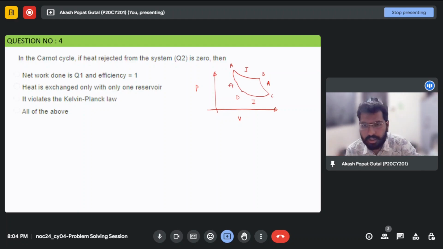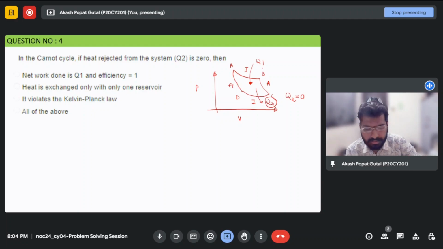What they are talking about is Q2. Q1 is the heat taken in during isothermal expansion, and Q2 is the heat rejected in isothermal compression. They're asking, if heat rejected from the system Q2 is 0, then net work done is Q1 and efficiency is 1.